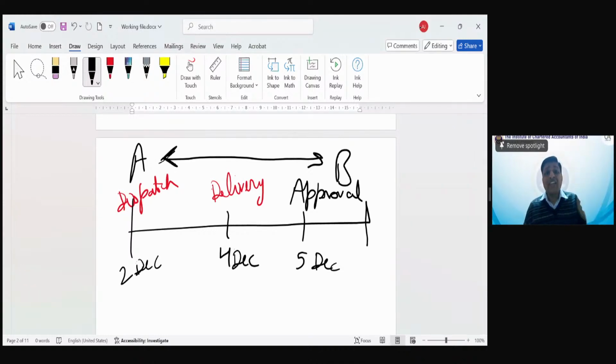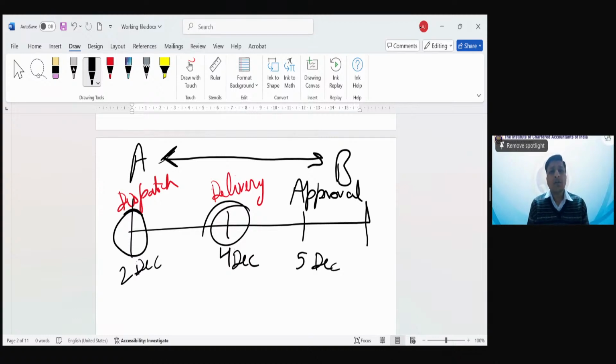That B needs to provide approval. Now, let's suppose on 4th of December, if you recognize revenue, but on 5th, B doesn't approve it. Let's suppose on 2nd of December, if A recognizes revenue, but if B doesn't approve it. So can we say that on 2nd or 4th, risk and reward in relation to those goods have been transferred to the buyer?